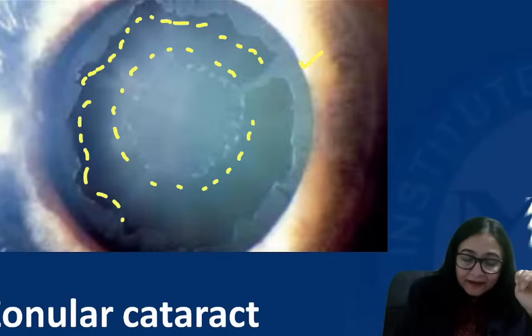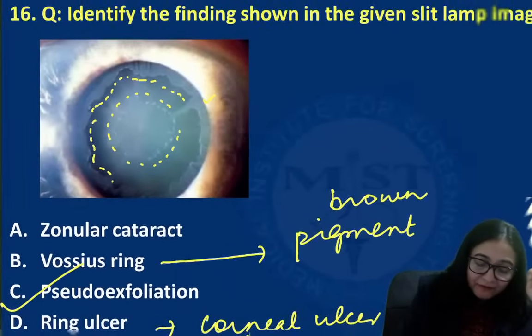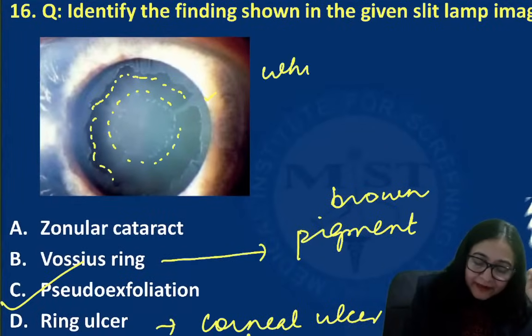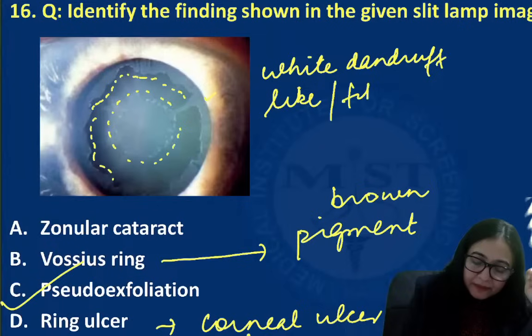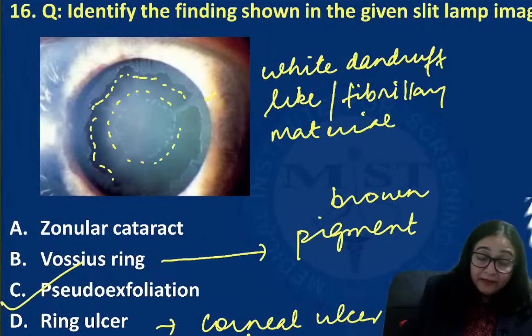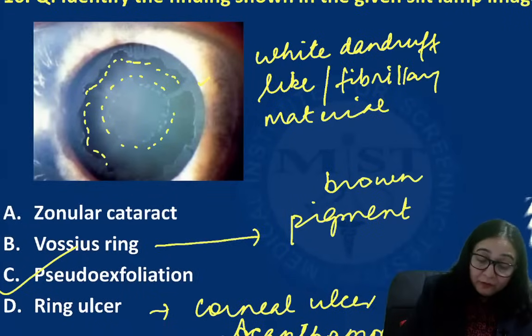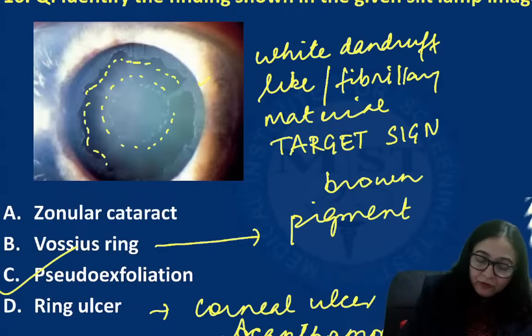So this is pseudo exfoliation, white dandruff-like material, or we can say fibrillary material which is seen on the lens capsule, and this gives it a typical appearance also. This is also called the target sign, beta. The target sign which you get in pseudo exfoliation.